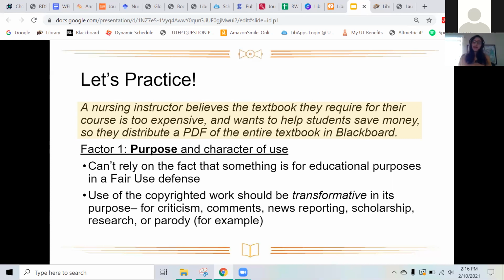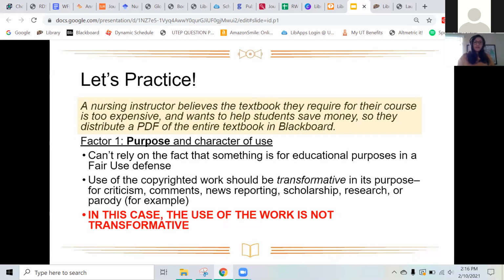Those are some uses that have been identified in legal precedent. So in this case, the use of the work is not transformative. The professor is just presenting the textbook as it is, the entire textbook. So they're not using it in a transformative way. So it doesn't meet the first factor.